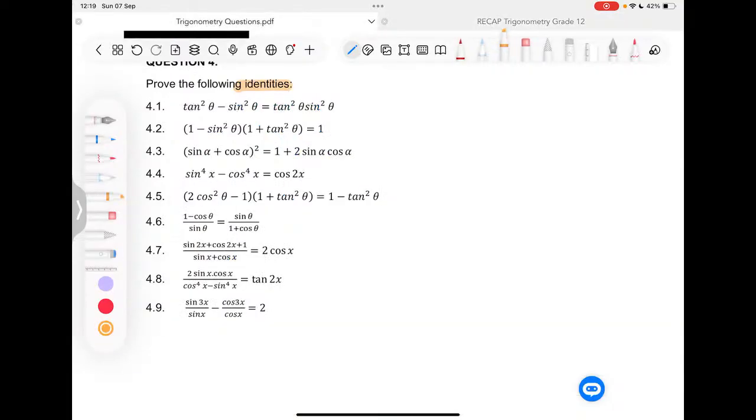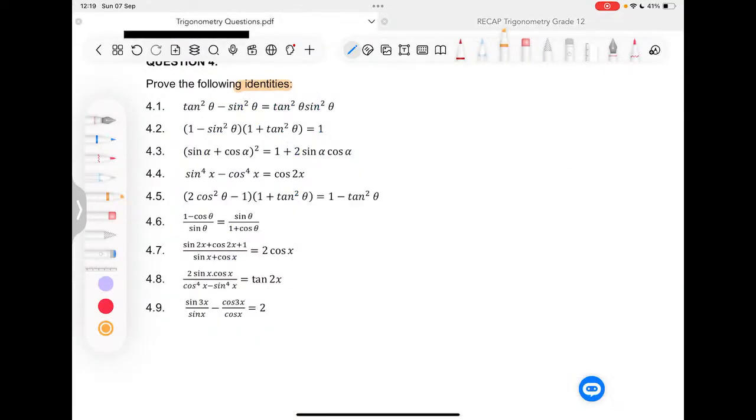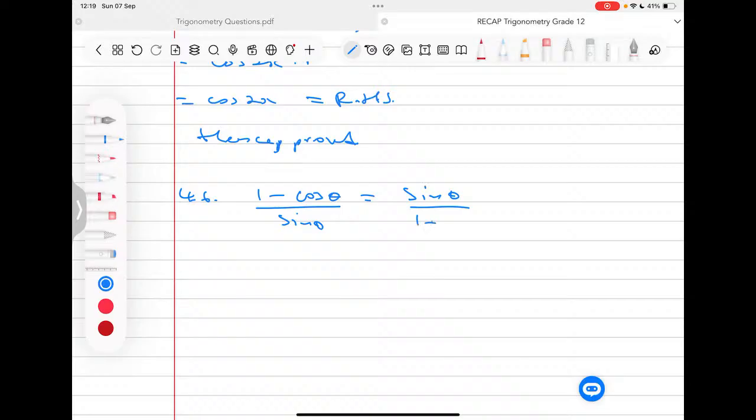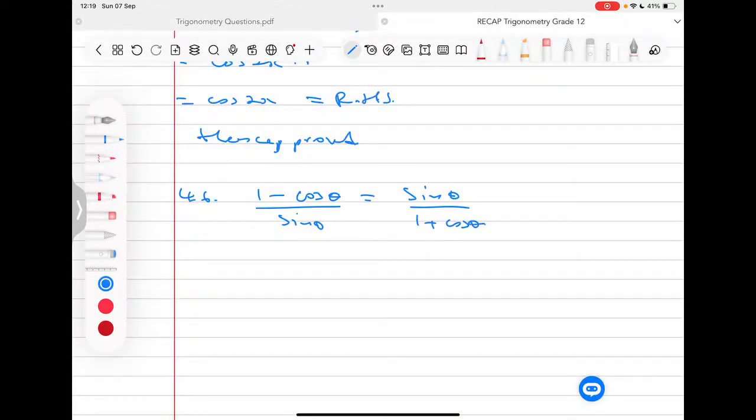So here we are having sine over cos. Right, let's see.